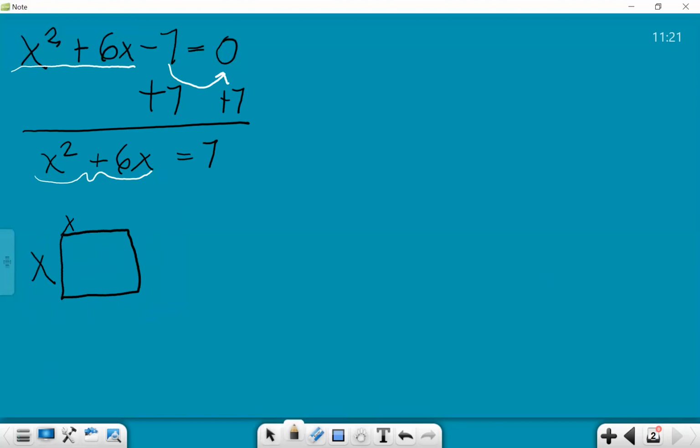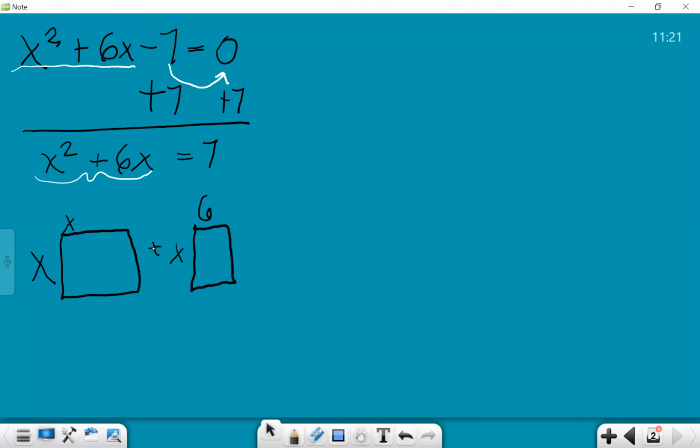So we have that. And then we also plus have this piece, this rectangle, that's 6 by x. So this length is x, same length as this length. And this length right here is going to be 6. And I want to make it clear, this is a plus sign.